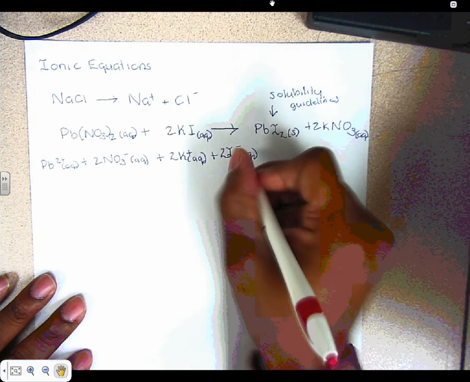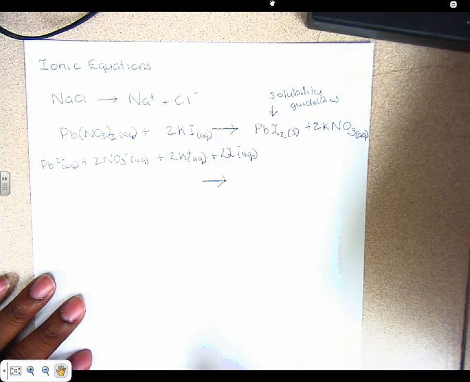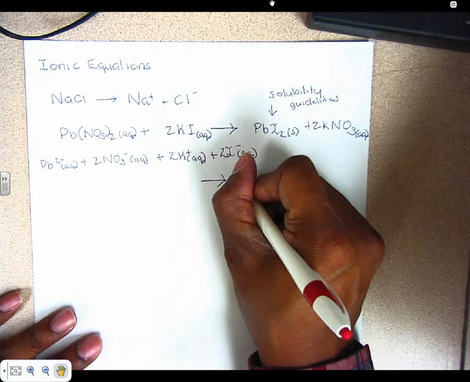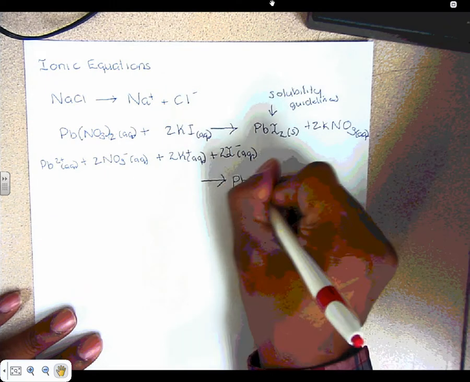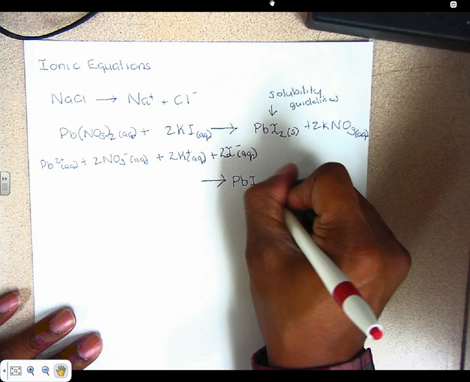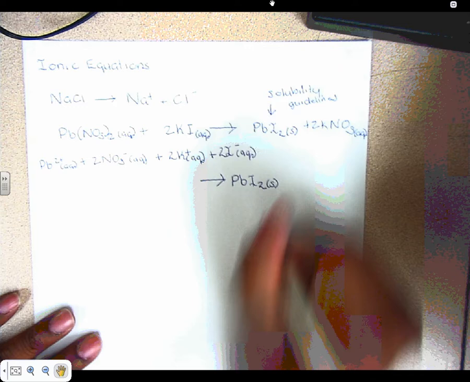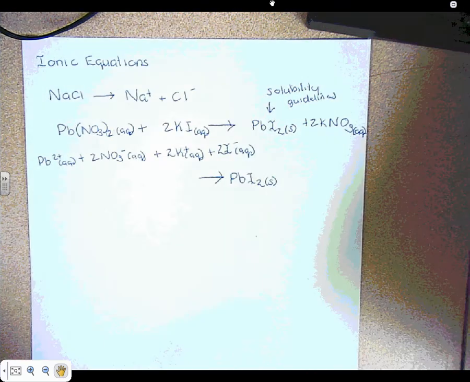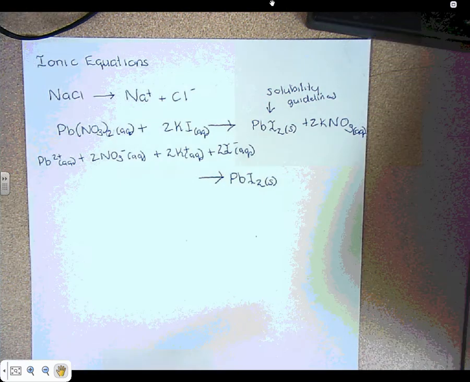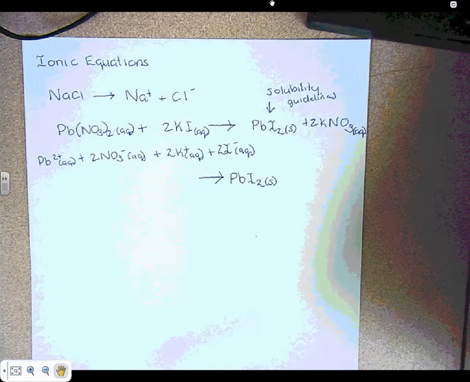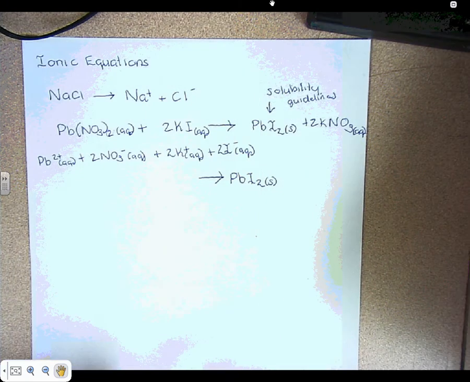And the product from that yields this. Remember, this is solid once they fuse together. So this doesn't actually break up in solution. It remains this lead iodide precipitate that's insoluble in water, so it doesn't form its respective ions.